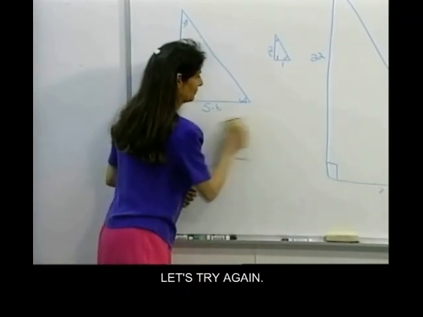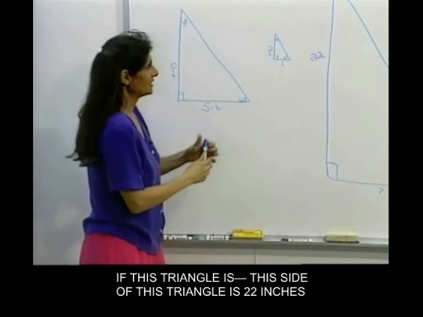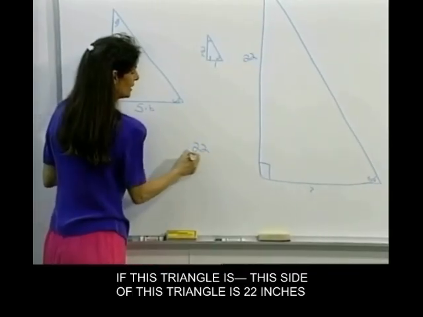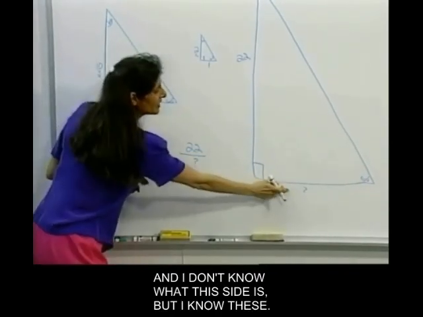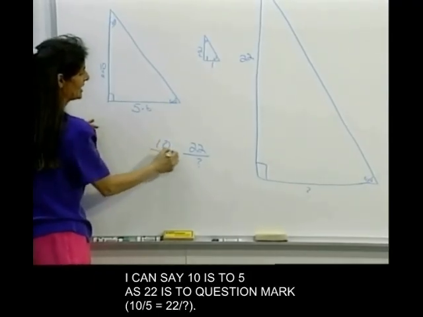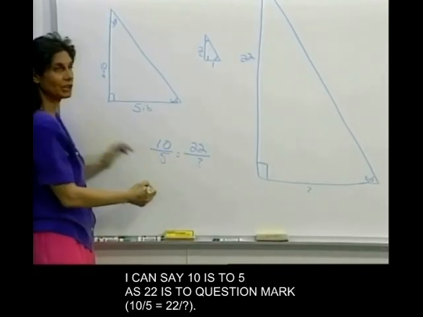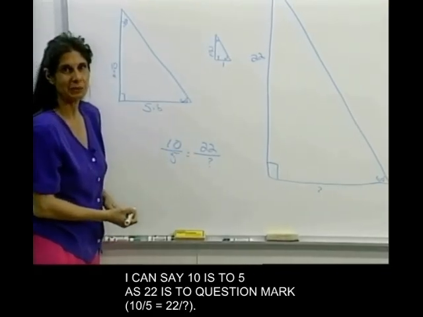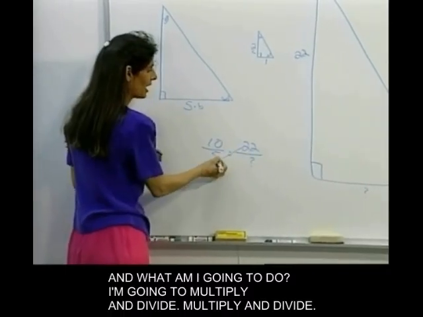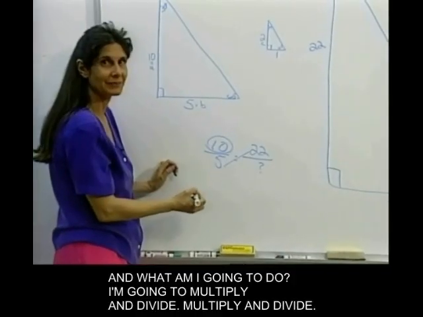Let's try again. If this side of this triangle is 22 inches, and I don't know what this side is, but I know these, I can say 10 is to 5 as 22 is to question mark. And what am I going to do? I'm going to multiply and divide.